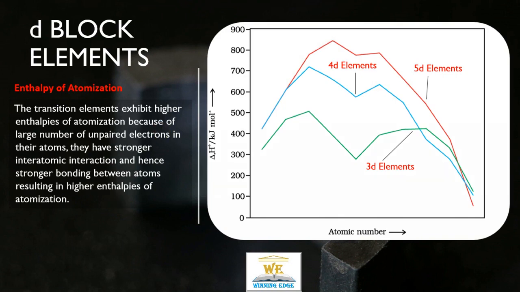This is enthalpy of atomization for the 3d series, 4d series and 5d series, and we see a great degree of similarity in all the series. Again, like melting point, first it increases, then it starts decreasing with a reduction in the number of available unpaired electrons.